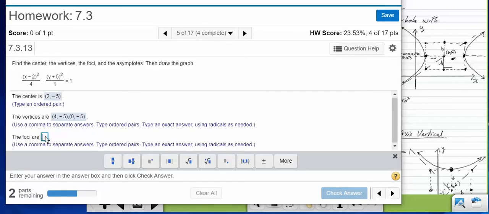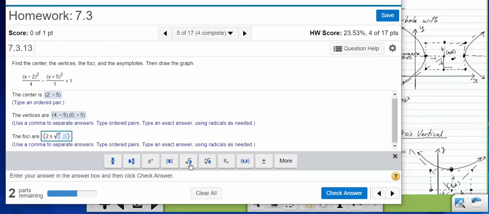Foci is, so we're going to do the center, 2, -5, so 2, and then add the square root of c squared, which is plus or minus square root of 5, and then this one was -5.